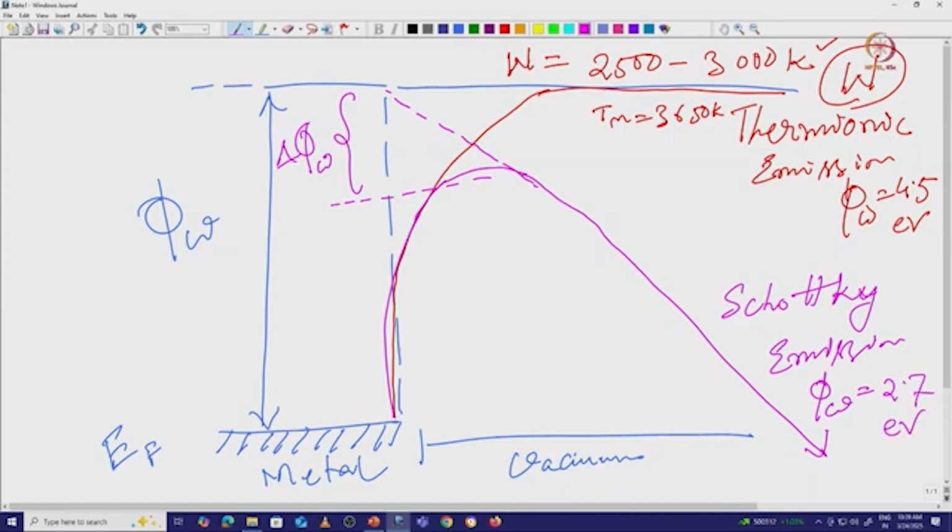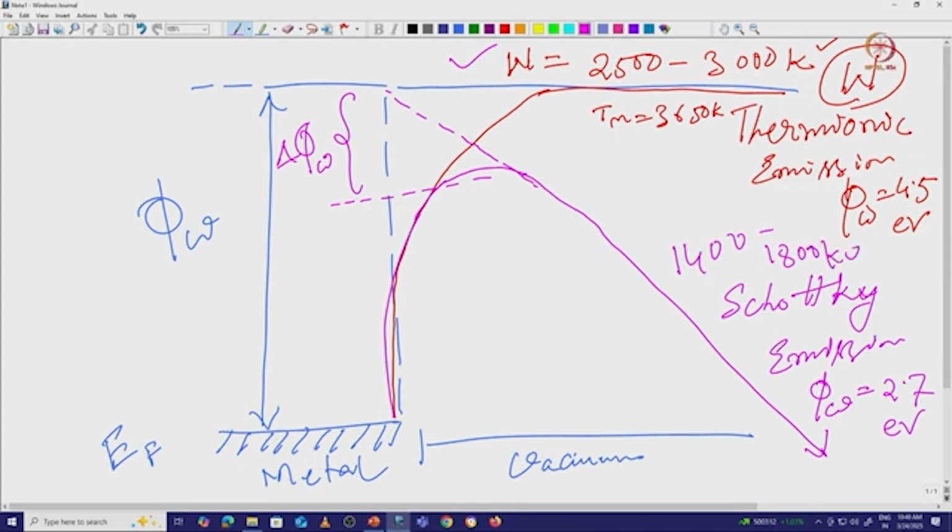In Schottky emission you again need heat energy to extract the electron, but that heat energy will be lesser than for thermionic emission, somewhere around 1400 to 1800 Kelvin.